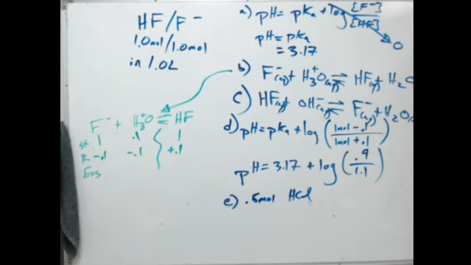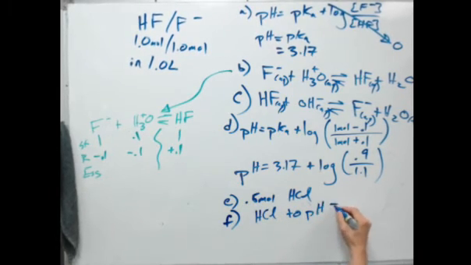Does it keep going after that? Yeah, it has one more part, and it's how many moles of HCl do you need to add to lower the pH by 1 pH unit? What's the pH at 1 pH unit lower? 2.17. Oh, okay. You just work backwards.